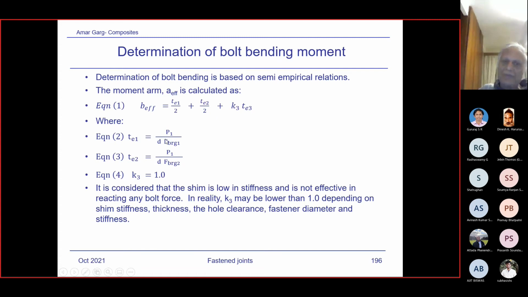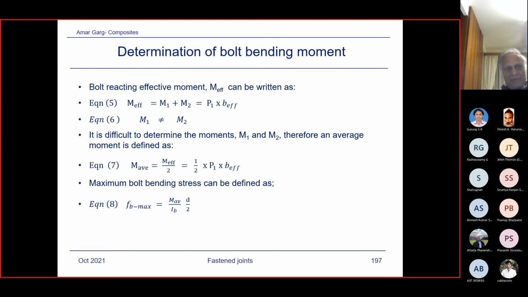So TE1 we have derived previously, P1 upon D bearing, TE2 P1 upon D bearing, and K3 we consider 1. 1 is conservative, depending upon the type of the shim, if it's a soft shim or hard shim. For hard shim, it may be lower than 1. But conservatively, we consider, okay, shim factor is 1.